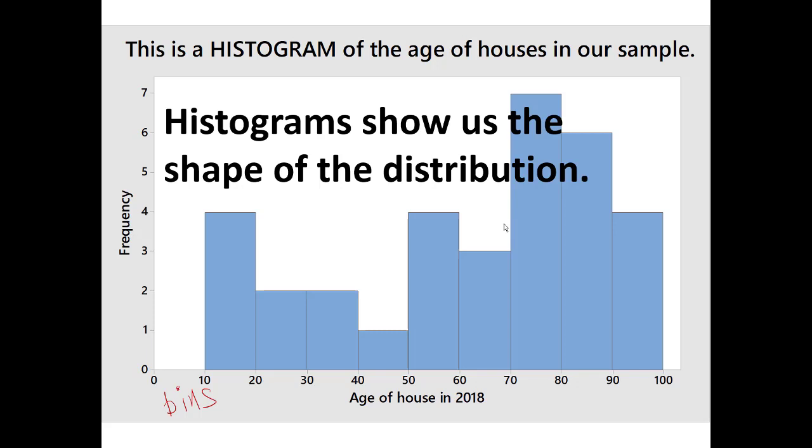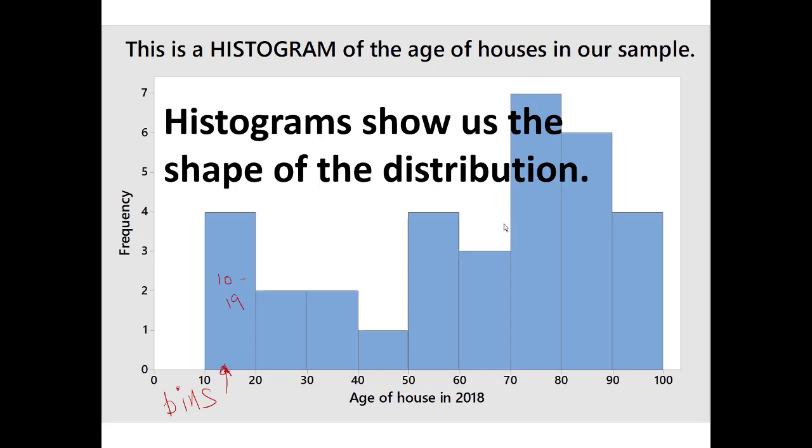And so this bin up here contains all of the houses that are between 10 and 19 years old. So we could put 10 to 19. And we see that there are 4 houses in that bin. So there are 4 houses in our sample that are between 10 and 20 years old.